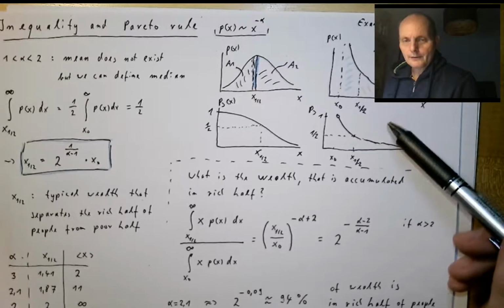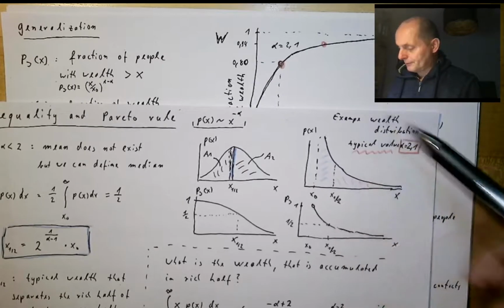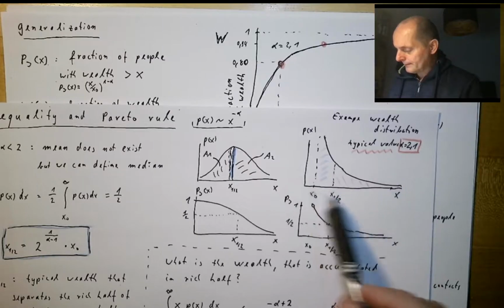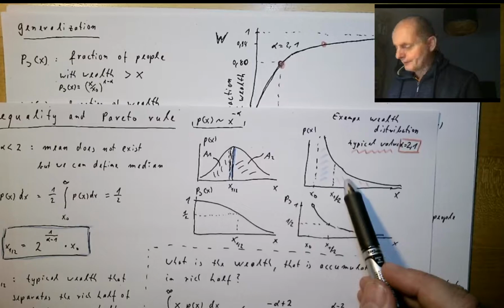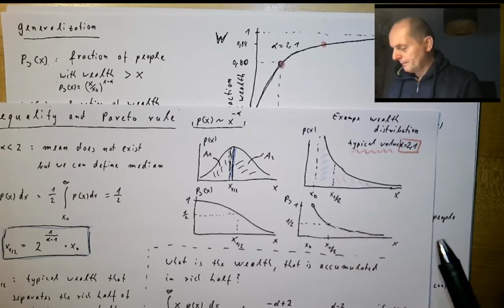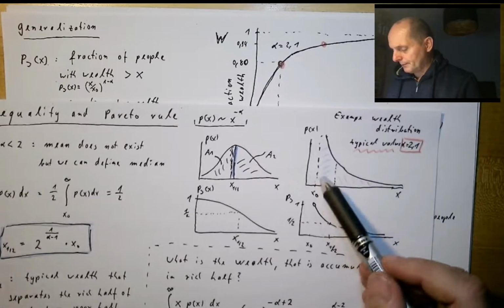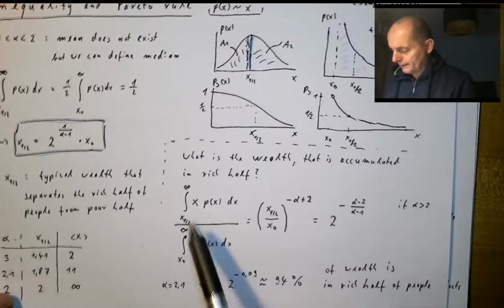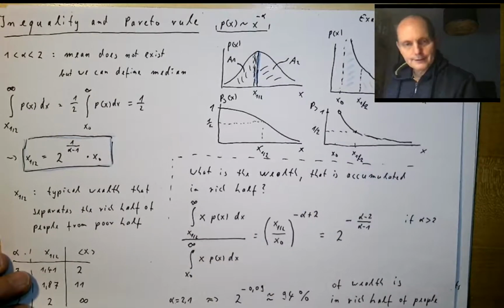On the one side, this would be a wealth distribution of people, and x is a typical wealth, then the area under this curve is a certain fraction of people, since it's normalized. And then we looked at fractions of people, but then we also looked at the fraction of wealth. You have to distinguish these things in mind.